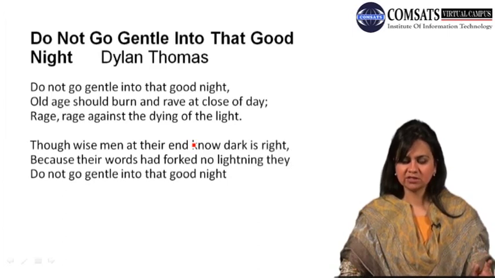So in those words like go, gentle, good night, we find the repetition. And then the word rage, rage also is a repetition that shows the exasperation, the anger, the frustration, and the opposition from the speaker, that he is opposing something that is inevitable and more real, that is death.